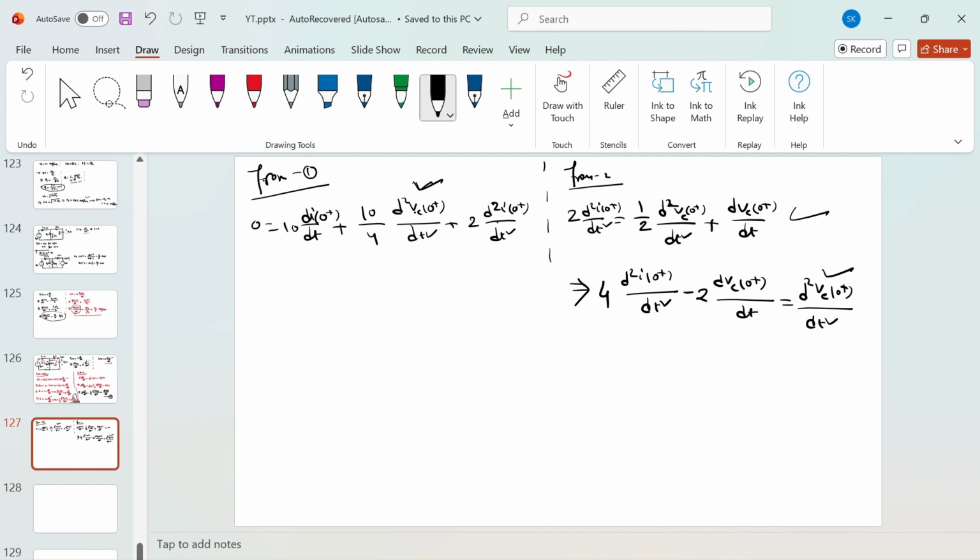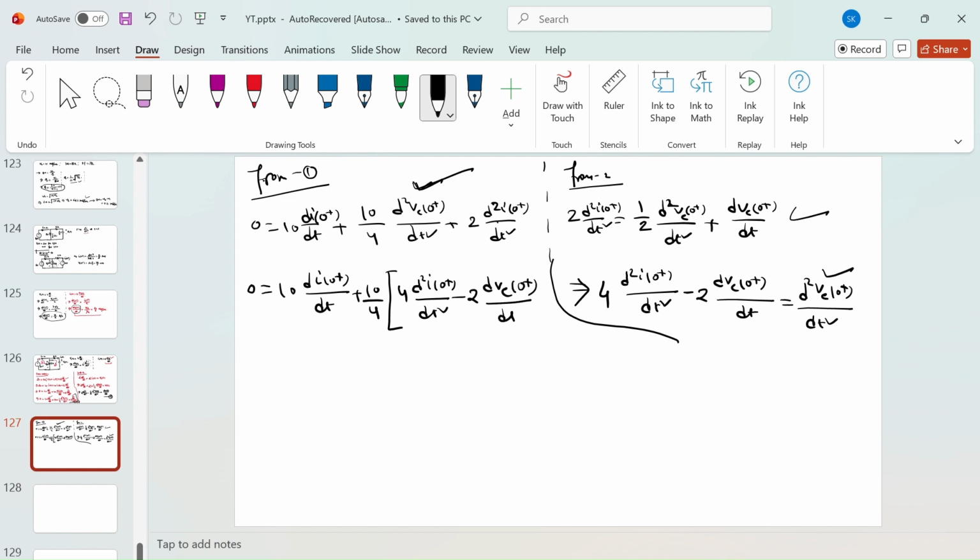Now put this value into this equation, so you'll get 0 is equal to 10 di(0+) by dt plus 10 by 4 times 4 d2i(0+) by dt square minus 2 dVc(0+) by dt plus 2 d2i(0+) by dt square, right?